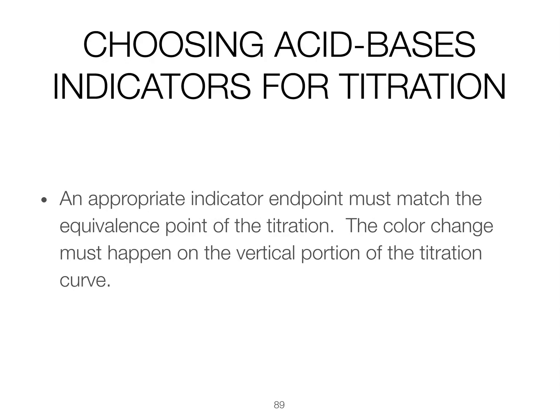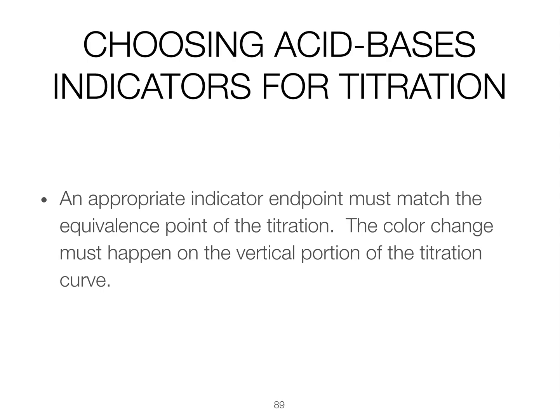And that's basically what we do for choosing any acid-base indicator during titration. We want to look at what we're expecting the pH to be at the equivalence point, and we will talk a bit more about how to predict that in Chemistry 30, and then select an acid-base indicator that's going to match that equivalence point.